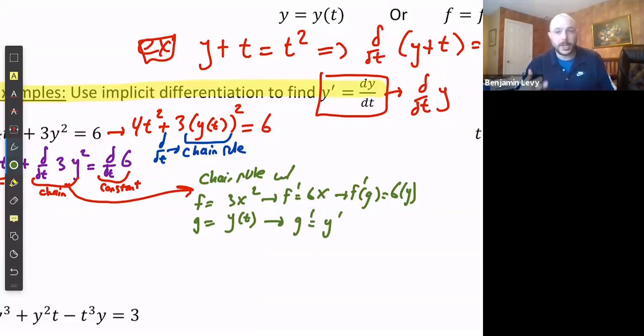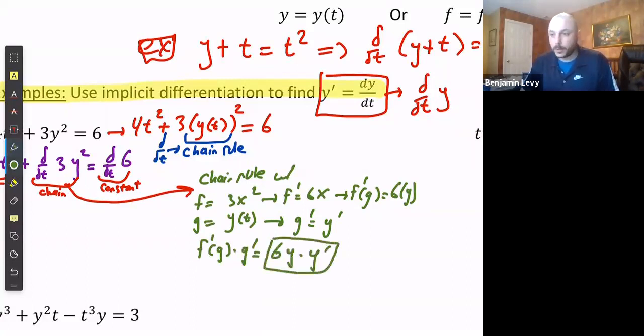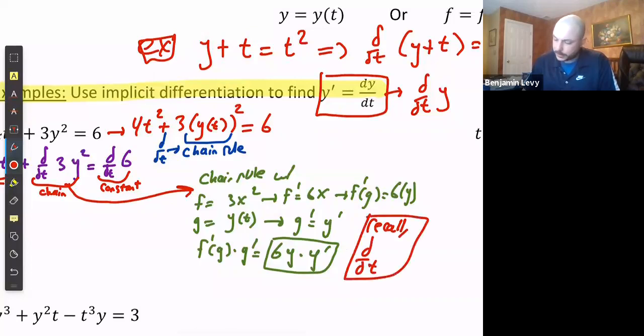And so the full chain rule, f prime of g times g prime, is going to be 6y times y prime. And so this ends up being the derivative of the 3y squared part. Right, because we're doing d over dt. Recall, we're doing d over dt when we do all these derivatives, and so that's why this turns into a y prime.